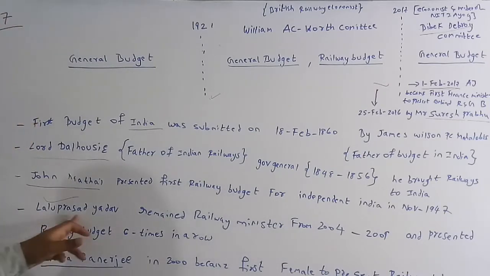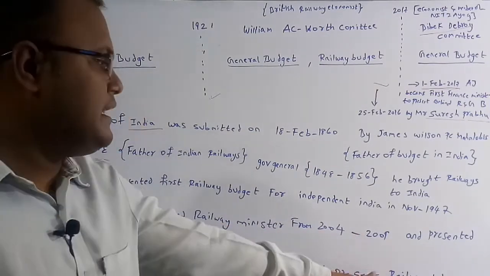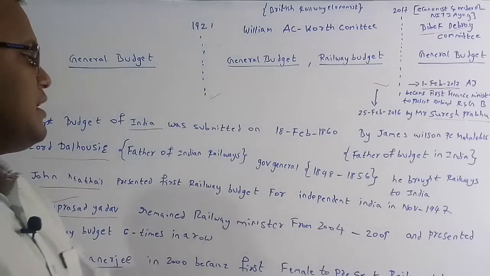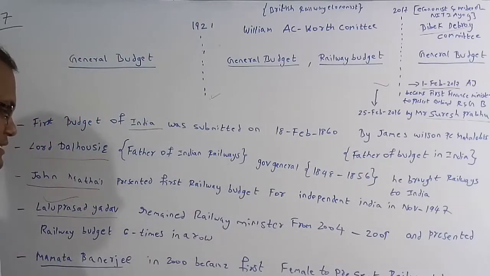See, Lalu Prasad Yadav remained railway minister from 2004 to 2009 and presented the railway budget six times in a row. He is the only person who presented a railway budget six times in a row.